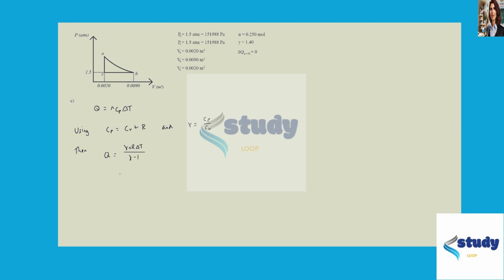Again, using the ideal gas law, we can expand on this and say that gamma times PC VC minus PB VB, divided by gamma minus 1.